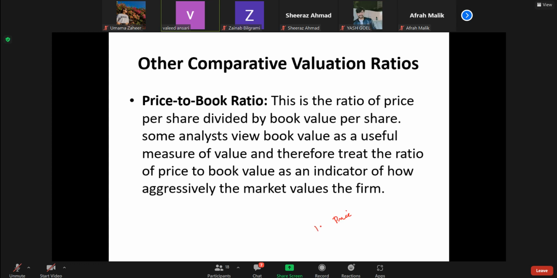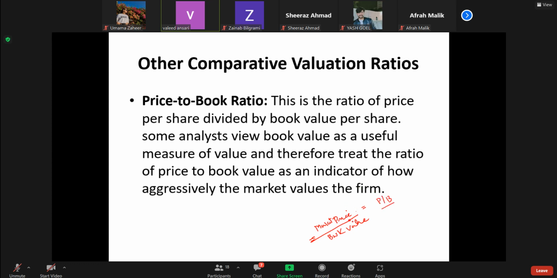Market price of the stock divided by book value. Book value is that which is written in the balance sheet. For example, the book value of a share is 10 rupees, but over the years this value may grow because of the retained earnings and others also. So the market price of the stock divided by book value is called the price to book ratio.